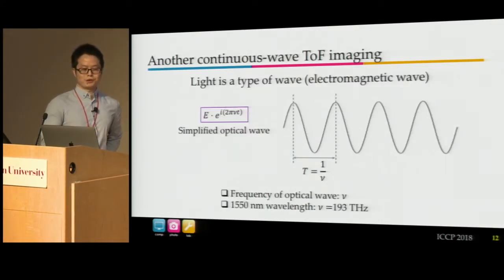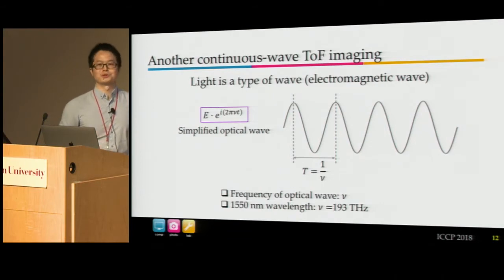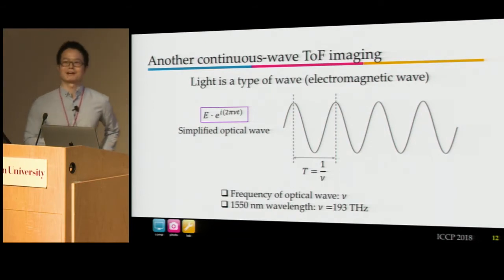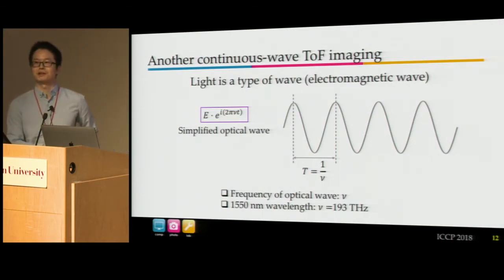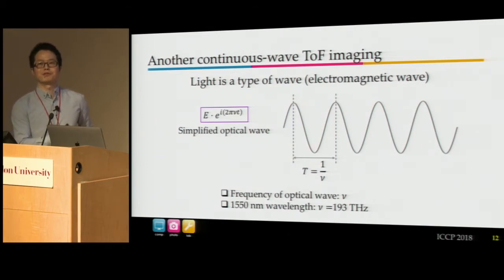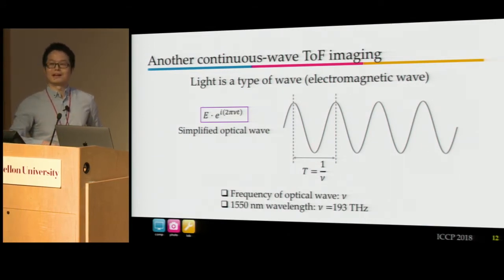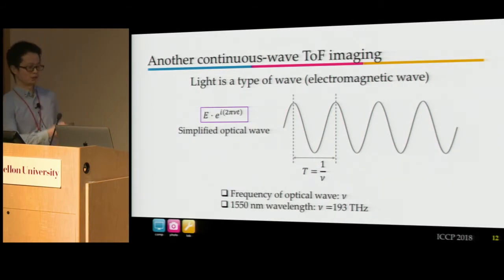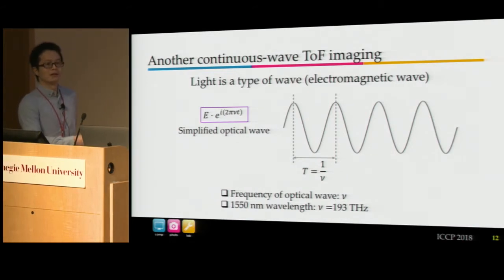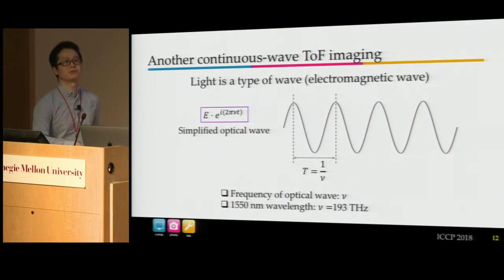Before talking about our technique, I would like to briefly remind you that there is another type of continuous wave time-of-flight imaging. As many of you may know, light is also a type of wave. It's an electromagnetic wave. If we simplify this wave, the frequency of this wave is going to be the optical frequency.